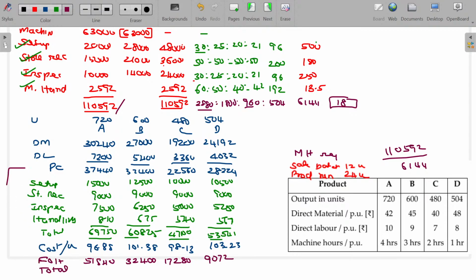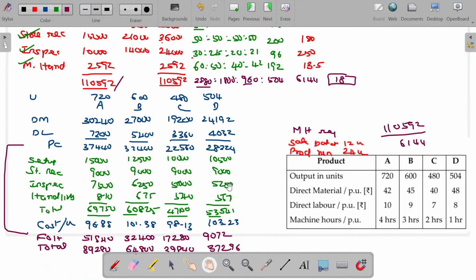Total cost is nothing but prime cost and factory overhead: 89,280, 64,800, 39,840, 37,296.